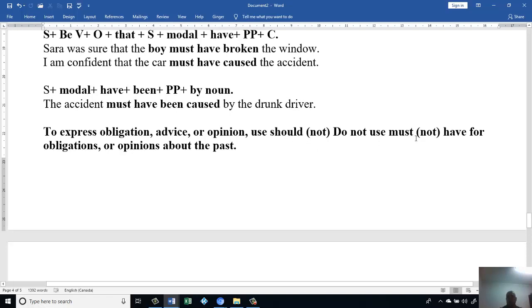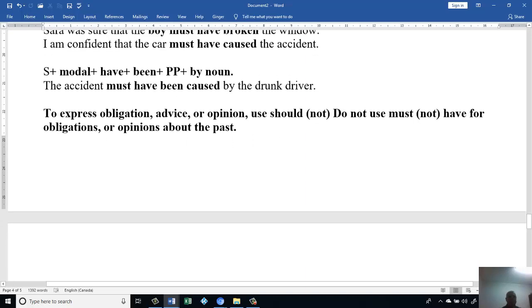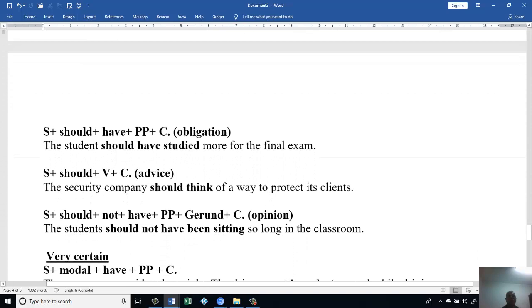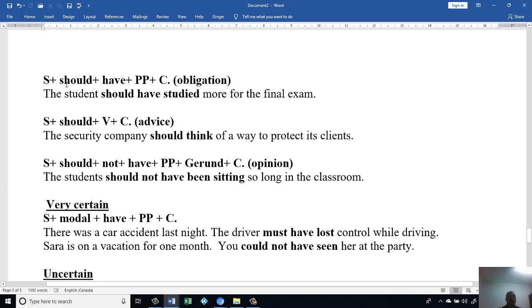Do not use must not have for obligation or opinion about the past. For example, we have subject, then should have, then past participle, then complement as obligation. The student should have studied more for the final exam.